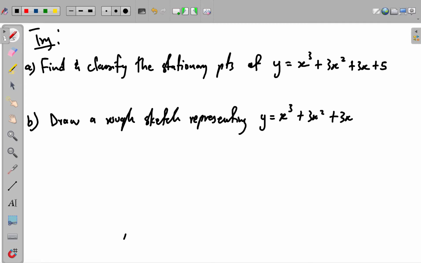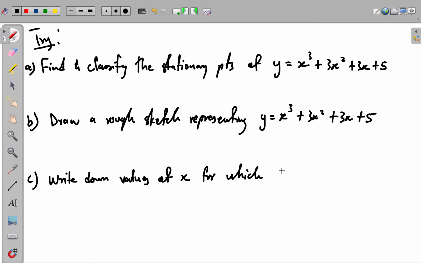Now, when you have done that, I would then want you to determine the values, or write down values of x for which y is increasing, that is number one, or decreasing.